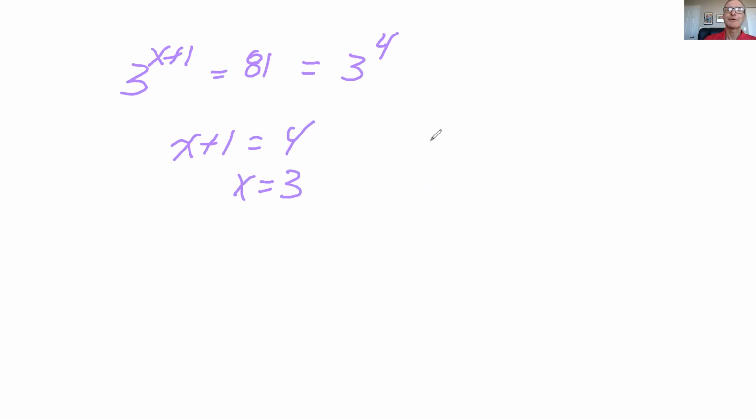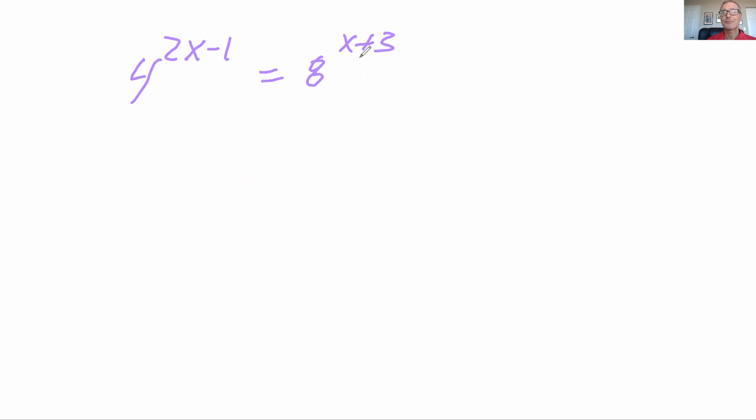Let's try a little trickier one. Let's try this one. 4 to the 2x minus 1 equals 8 to the x plus 3. So what do we do with this one? Well, looks like the 2 is the key number, right?